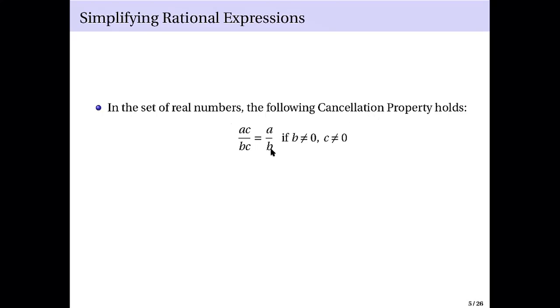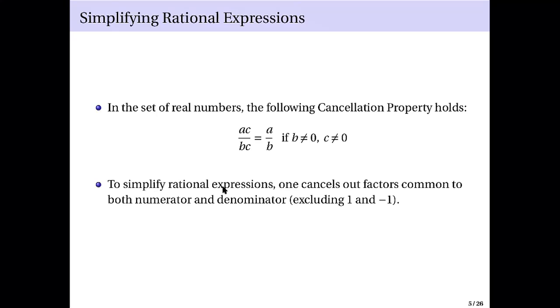This is equal to a over b, provided that this c here is not equal to 0. And of course, the b must not also be equal to 0. Okay? So meaning you can cancel out a factor in the numerator with the same in the denominator, provided that it is not equal to 0. Okay?